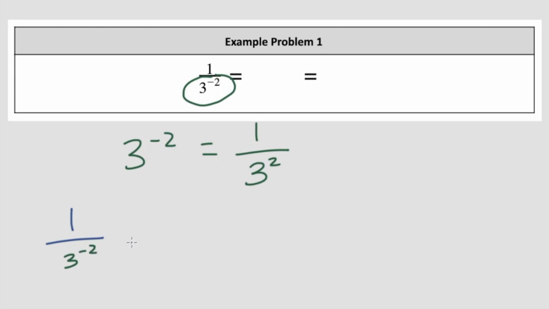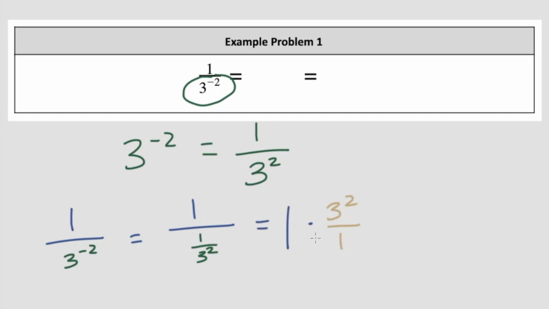We have 1 over 3 to the power of negative 2, which we know to be 1 over 3 to the power of 2. So the fraction 1 over 3 to the power of 2 is in the denominator. Well, I'm going to take that, and I'm going to multiply the numerator of 1 by the reciprocal of the denominator, which is 1 times 3 to the power of 2 over 1.